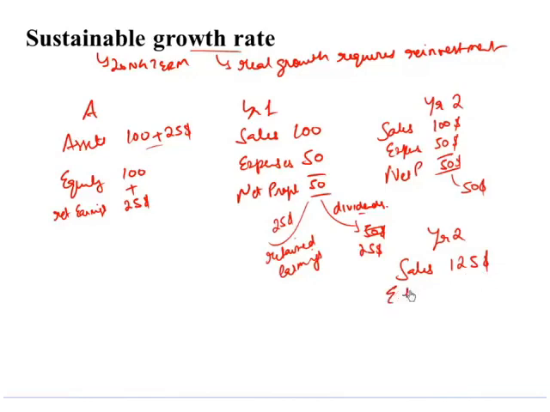Of course, my expenses will also correspondingly go up from $50 to $62.5. That is, the additional $25 will have an additional $12.5 of cost, giving me a total net profit now of $62.5. We now notice that the net profit has increased by 25%, that is, from $50 it has become $62.5.